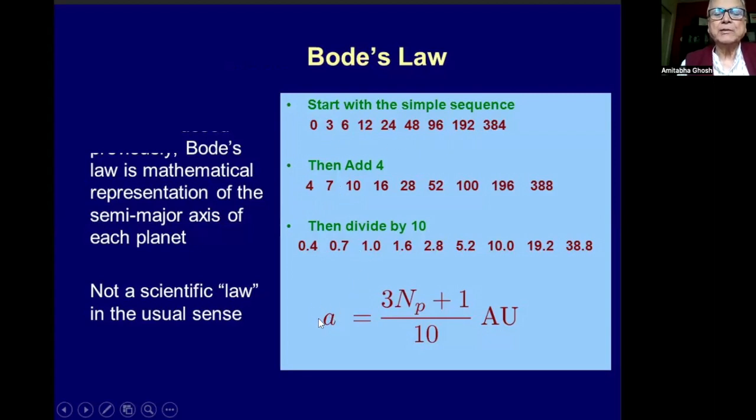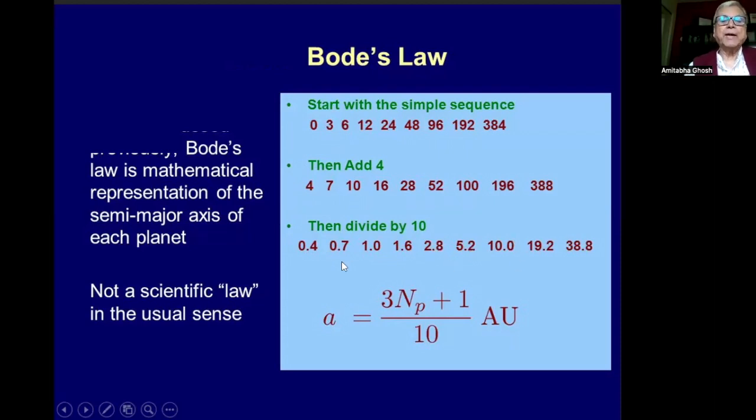That means the distance is the number of the planet, plus 4, in terms of 3 times 2 to the power n plus 4, divided by 10 astronomical units. So according to this law, you get this many astronomical units for each. Now you can see this is for Mercury, for Venus. Earth is one astronomical unit, you know that. Then Mars, then the asteroids, and then Jupiter, Saturn.